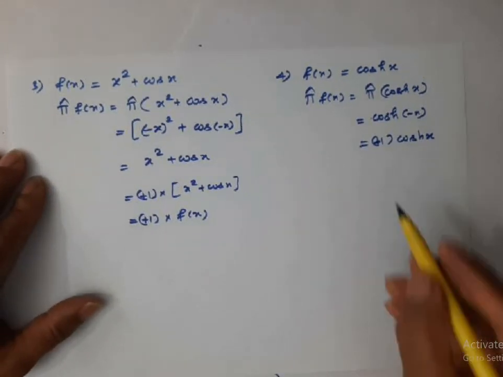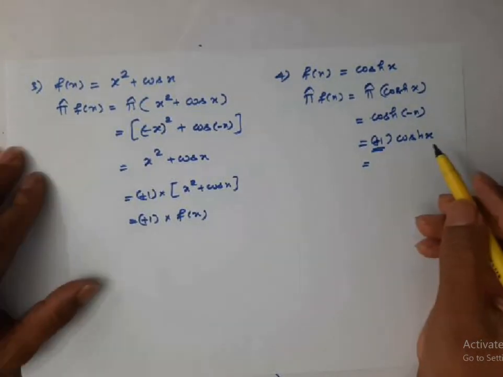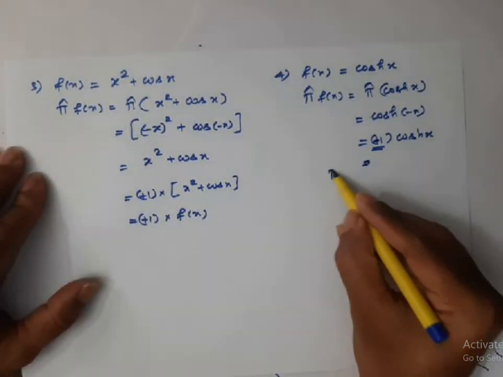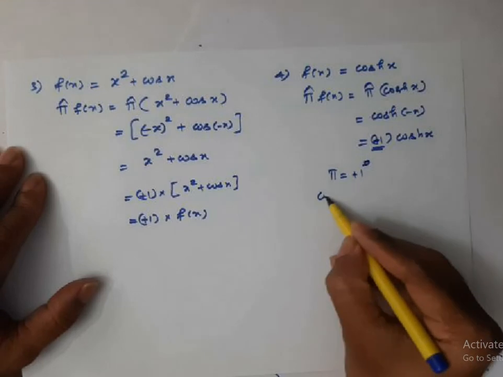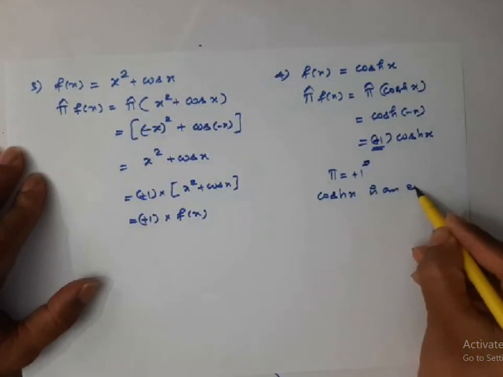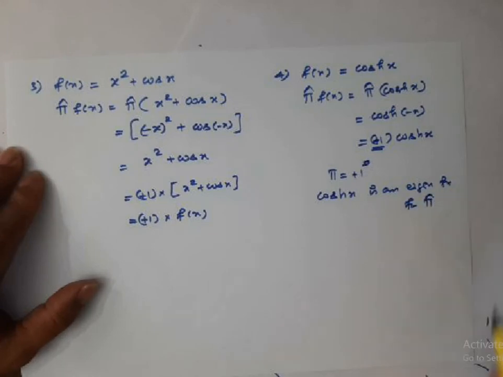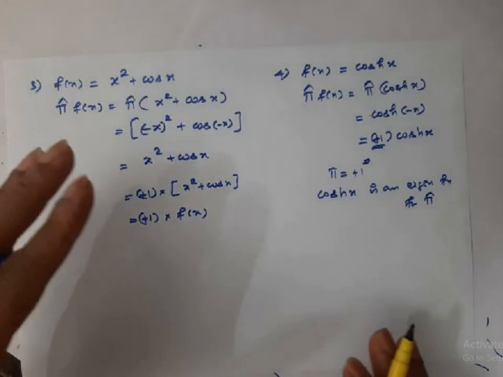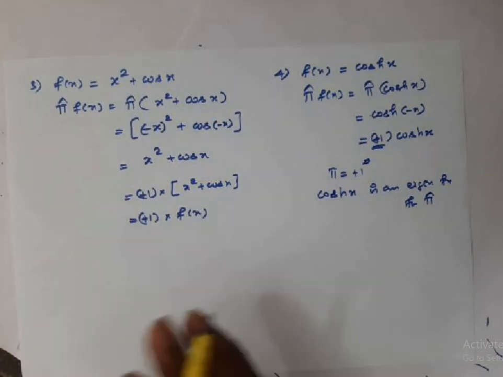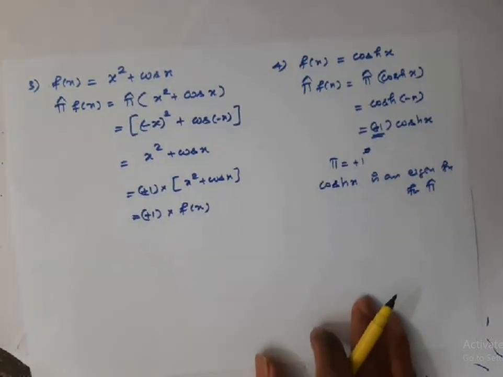So the eigenvalue is plus 1 and cosh x is an eigenfunction for the parity operator. Now I think you have some familiarity about how to identify whether a function is an eigenfunction for the parity operator or not. This is the method.